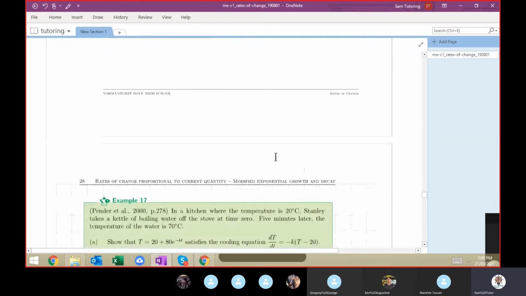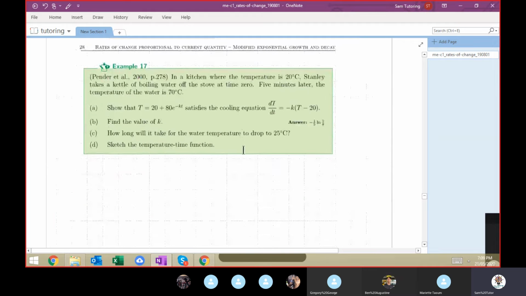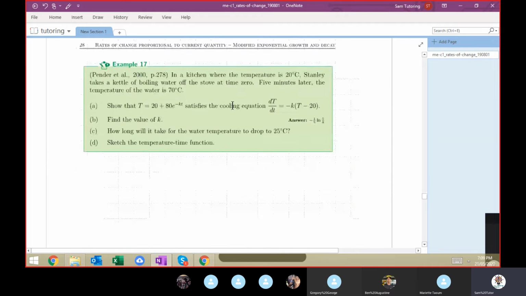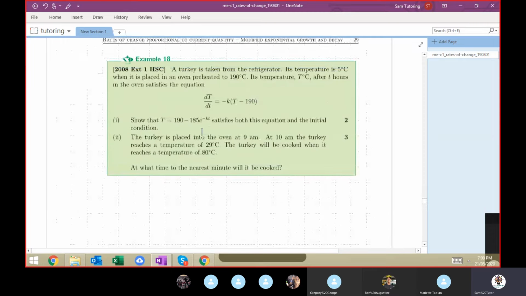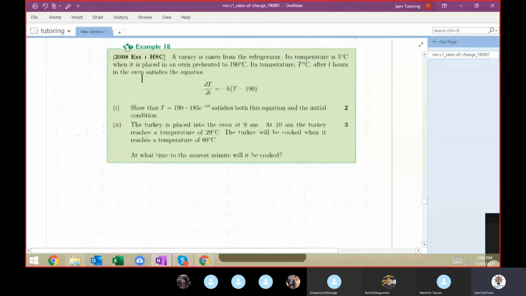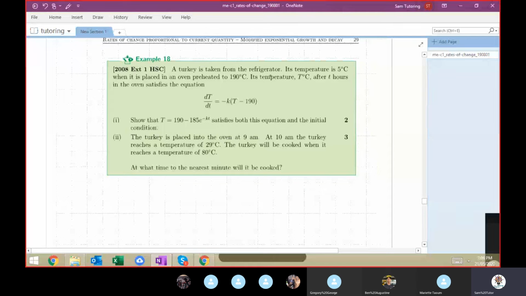Let's go again. I'll rather do an HSC question first, and then we'll come back to that one. All right, 2008 Extension 1 HSC. Let's try this. A turkey is taken from the refrigerator. Its temperature is 5 degrees when it is placed in an oven preheated to 190 degrees.